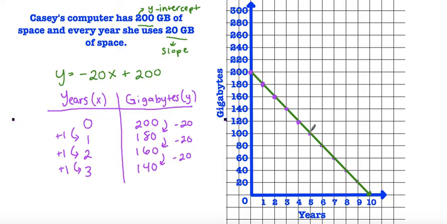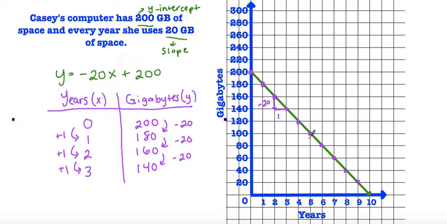If we wanted to use 2 points to represent our slope, we could use any 2 points. So let's say this one, for example. From this point to this point, we're decreasing 20 gigabytes, because that's from 160 to 140, in the span of a year.